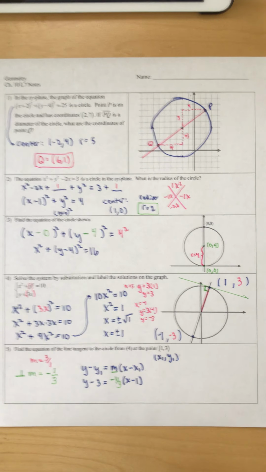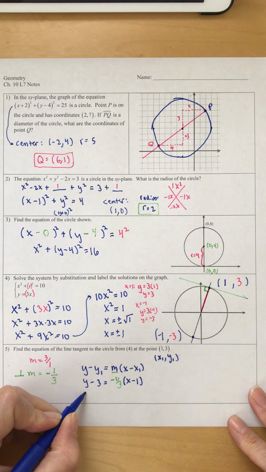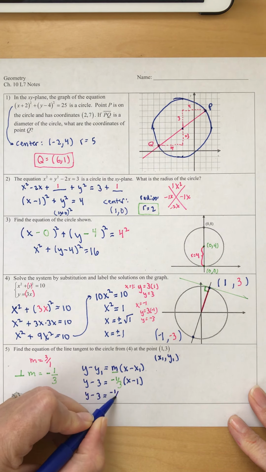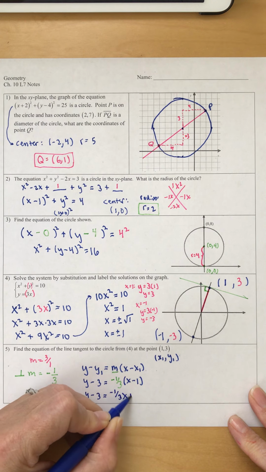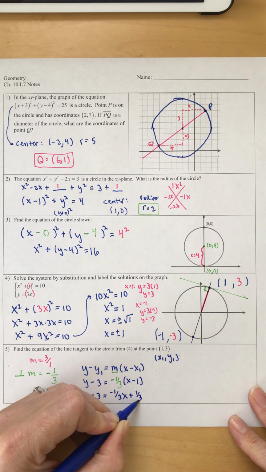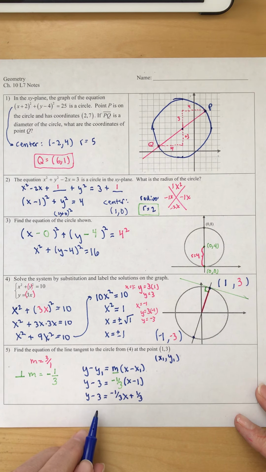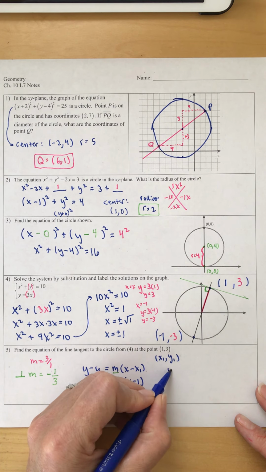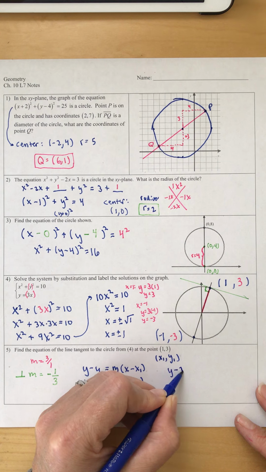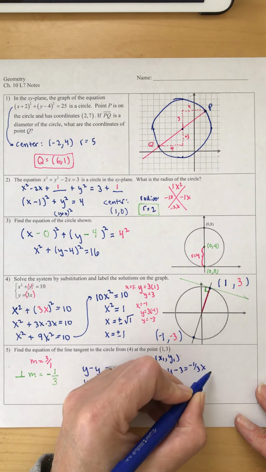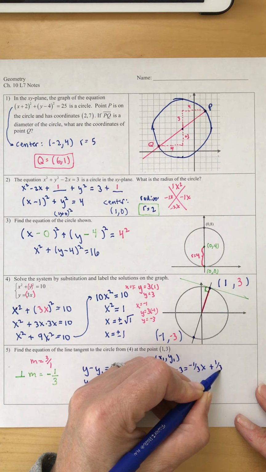If we put it into y equals mx plus b form, it'll get a little tricky with the fractions, but nothing that you shouldn't be able to handle. So I need to add 3 to both sides. And so I can say y, I'm just going to recopy this, -1/3 x plus 1/3.